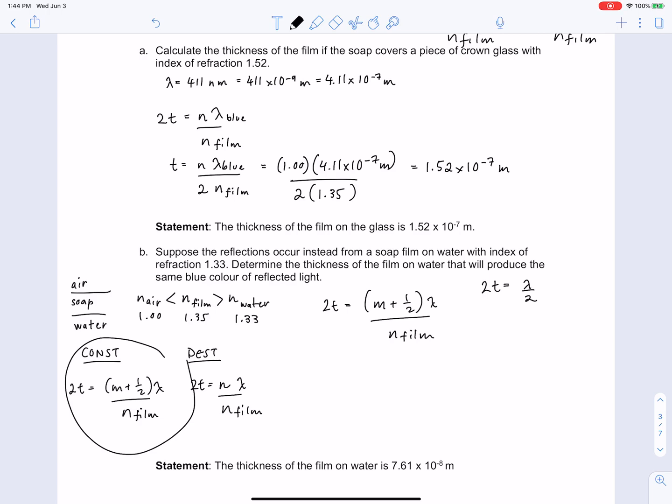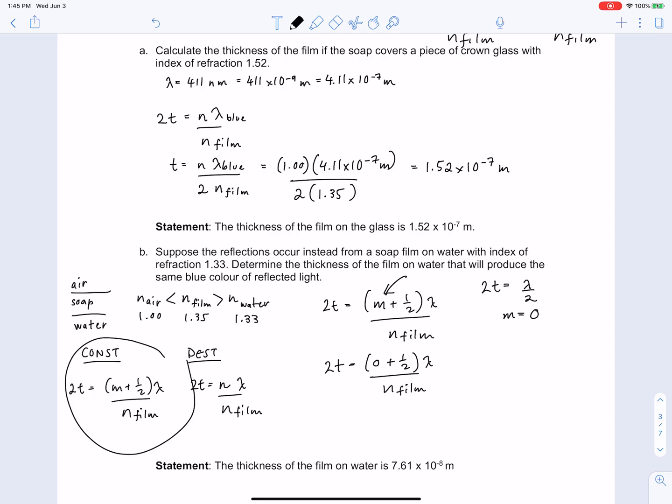And this happens when m is 0. If we put 0 in here, we'll see that we end up with lambda over 2. So we can add m equals 0, and we have 0 plus 1/2 lambda over n film.